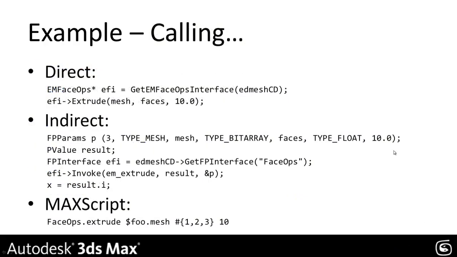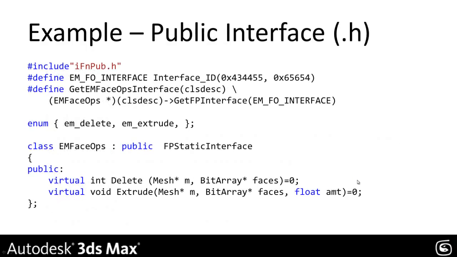So an example for calling these, so if you were to include that header file in your plugin, you would start with an em faceops pointer, and you would get the em faceops interface, okay, by passing in the class descriptor. And then off of that you could call one of its functions directly. Okay, so calling the function directly. There's the em faceops, there's the interface.